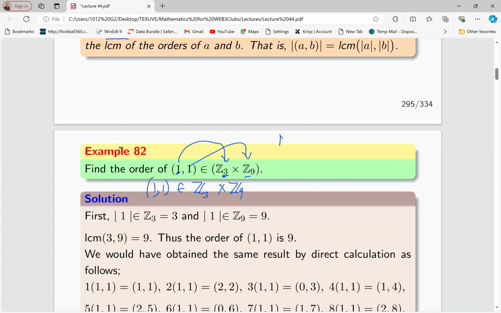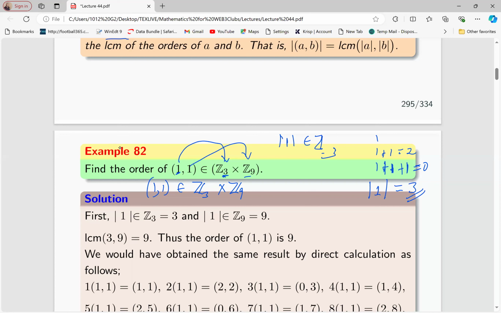You can see 1 once would just be 1, twice would be 2, and 1 three times would be 0.